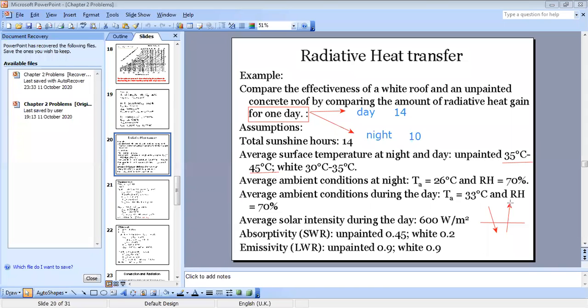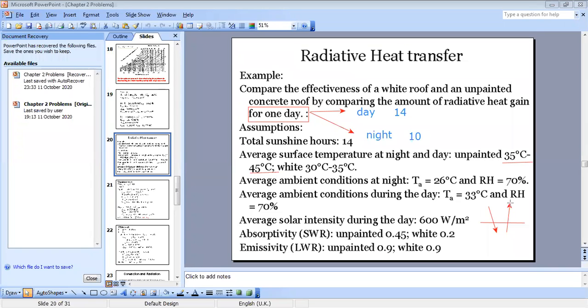This is why we will calculate the total amount absorbed and the total amount radiated to know if it's overall cooling or heating. And if it's zero, we are in steady state condition. So it will not have any effect. No cooling, no heat.